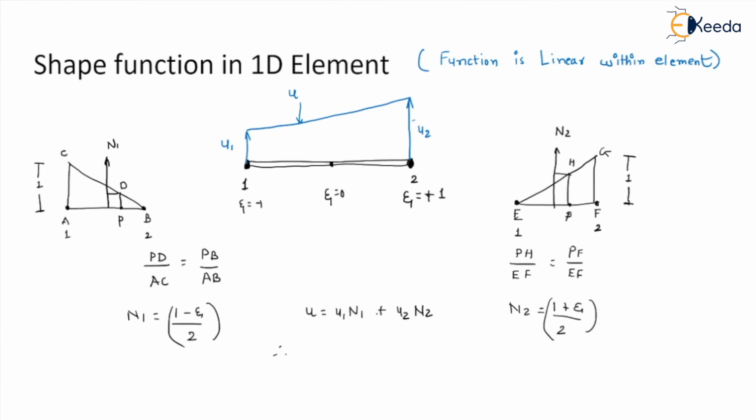So we can write this in matrix form like this: N1, N2, and in vector form u1 and u2. This is the element shape vector, and this is the nodal displacement vector.